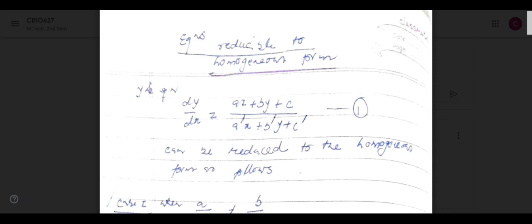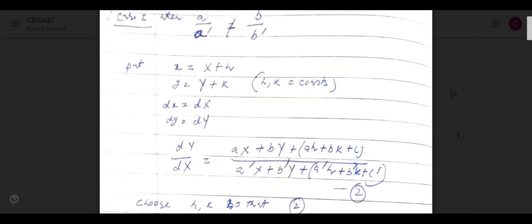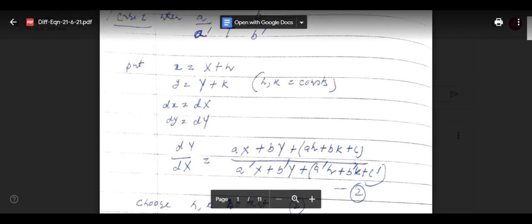Okay. So this one is Bernoulli's equation. You have to first convert the Bernoulli's equation into the Leibniz form. Then you can use the same procedure. So what is the Bernoulli's equation?